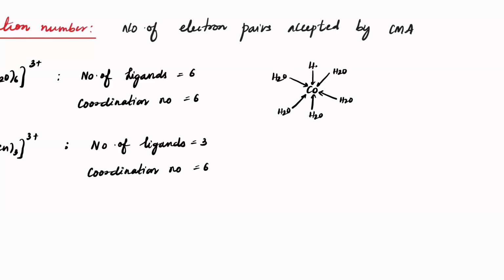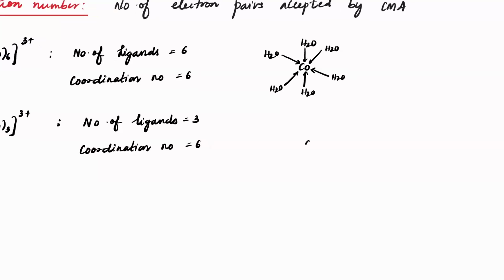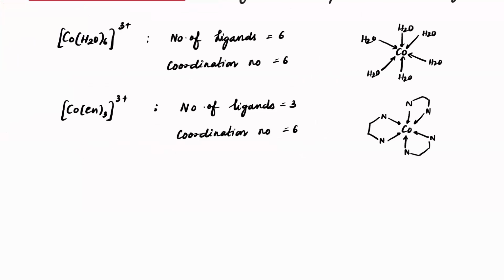While in the second case, here also we have 6 connections, but these 6 are coming from the nitrogen ends of the molecule like this. This is the molecule which we are talking about. This is called ethylene; En is ethylene diamine. And each molecule gives 2 connections. So the coordination number is 6, but the number of ligands is only 3 here.